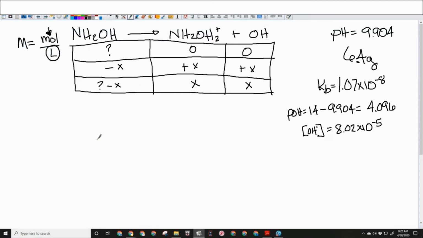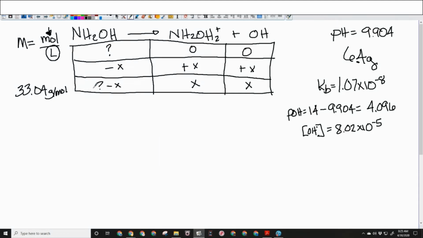The molar mass of this is 33.04. If you take 1 nitrogen, add 2 hydrogen, add 1 oxygen, and add another hydrogen, you get 33.04 grams per mole. I mean the molar mass of nitrogen from the periodic table: 14.01, then 2 times 1.01 for hydrogen, then 16 for oxygen, and then 1.01 for hydrogen. Add up all of those and you get 33.04.